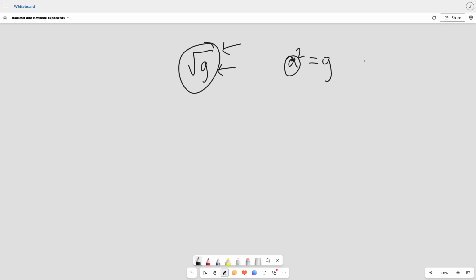Okay, so the radical is saying some number is being raised to 1 over 2. So basically, a square root is the inverse in terms of the exponent, and that's how we think of square roots.